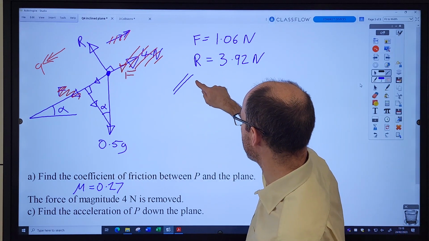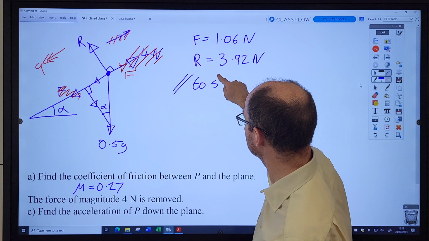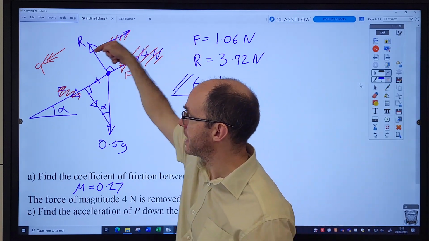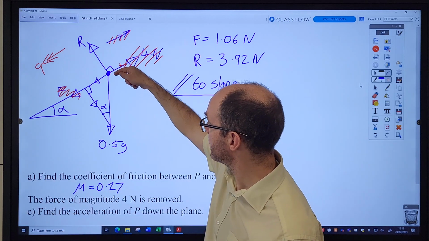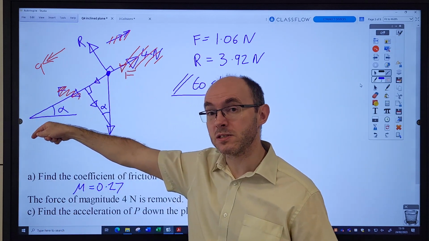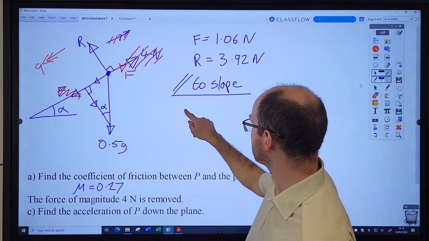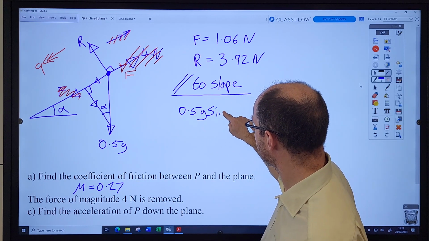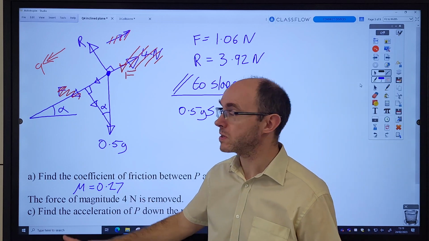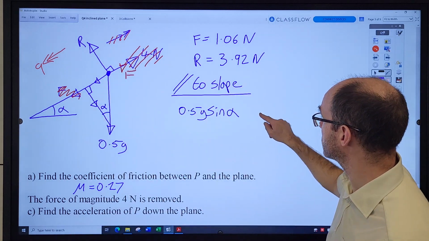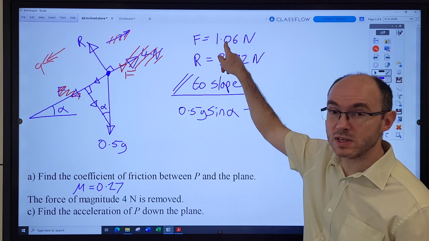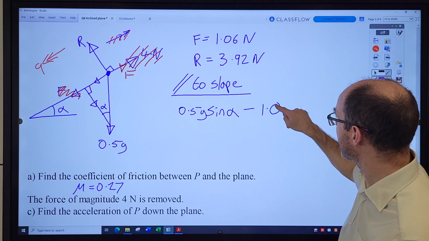So parallel to the plane, because it's moving downwards, that's going to be positive, so the weight bit is positive, so that is 0.5 g sine alpha, and then opposing that is going to be the frictional force. So subtract the frictional force, which we know is this 1.06.